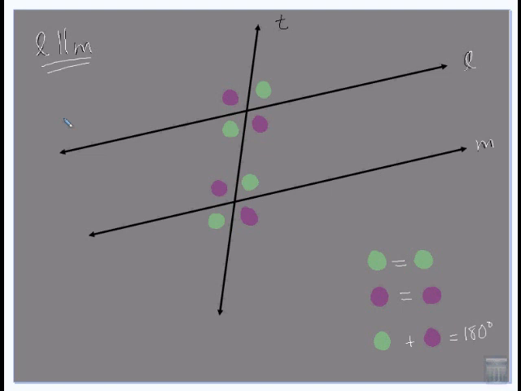They're all equal. So if this is 50, this purple up here is 50, this one's 50, this one's 50, and that one's 50. Now purple plus a green equals 180, so if the purple's 50, the green is 130. So this one's 130, this one's 130, this one's 130, and that one's 130. So if you know one angle, you can find all other 7. Nice.